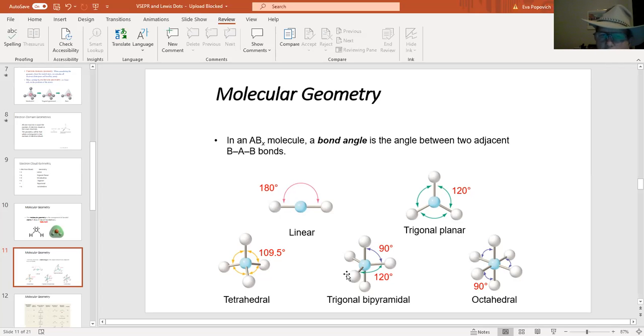The bond angles within the plane are going to be 120 degrees. The last one, if I have an octahedron, 1 up, 1 down, 4 at the 4 corners, all the bond angles are 90 degrees.